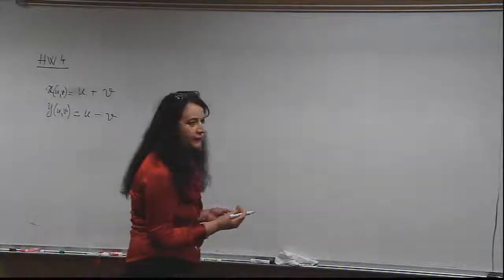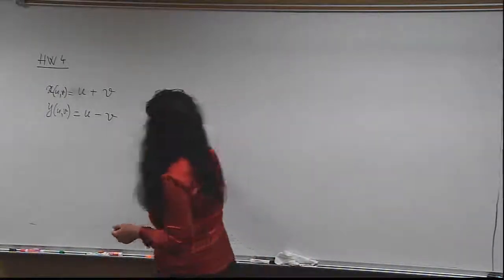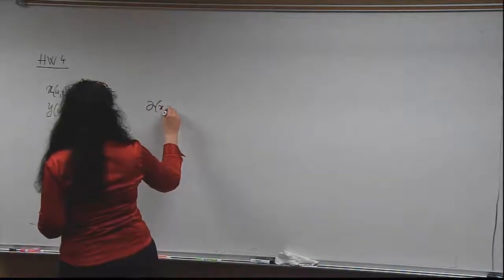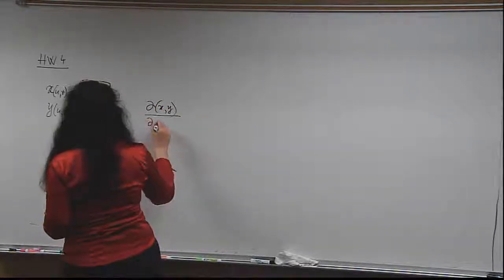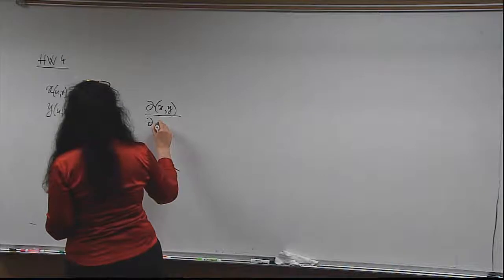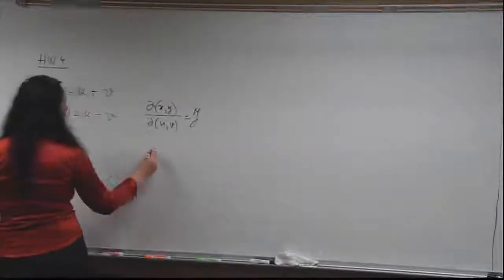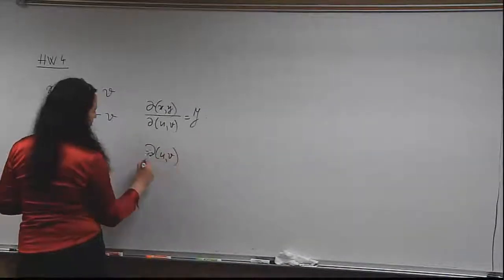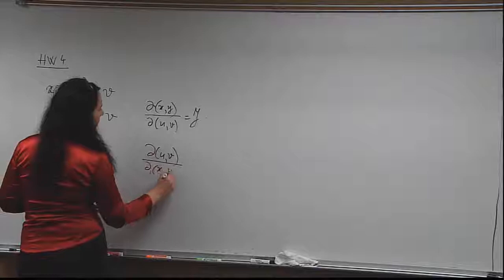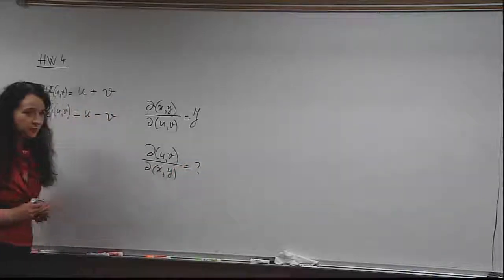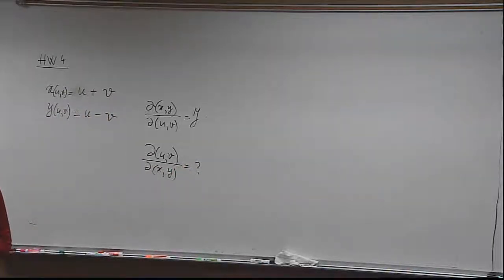One of them may have asked you for the determinant, the derivative of x, y with respect to u, v as Jacobian, but the other one was asking you for just the opposite. Well, several people didn't see that, and they kept asking me, so I answered some 20 questions during the weekend exactly about problems like that, which doesn't bother me.